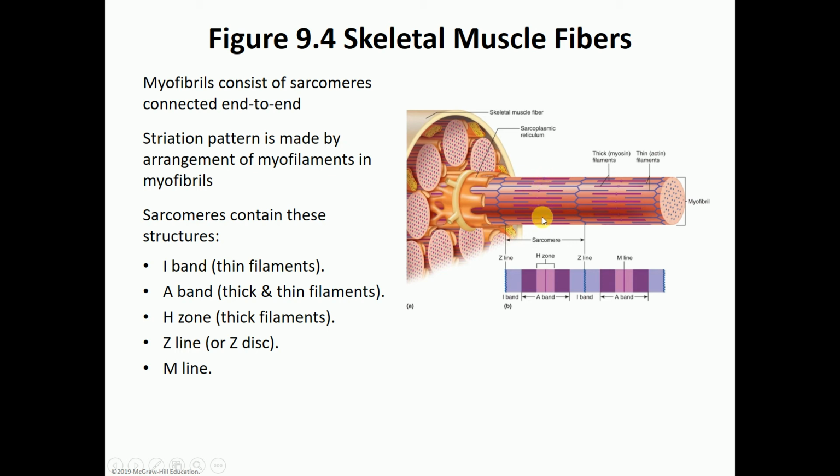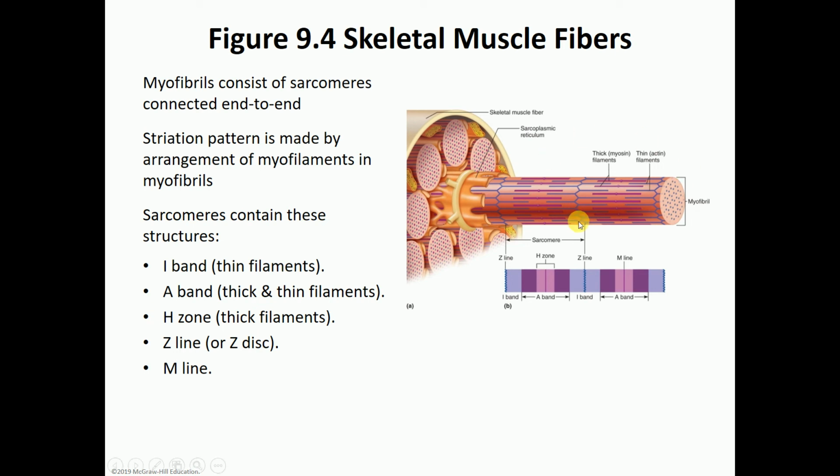Hopefully you're able to see them clearly. That is known as the M line. So, M line and Z line. Again, the sarcomere goes from one Z line to the next Z line, and the M line is where the myosin filaments attach.